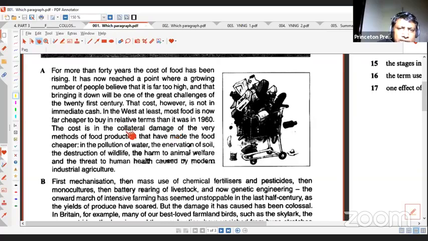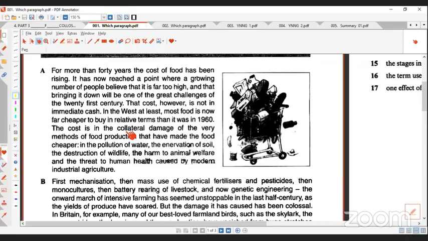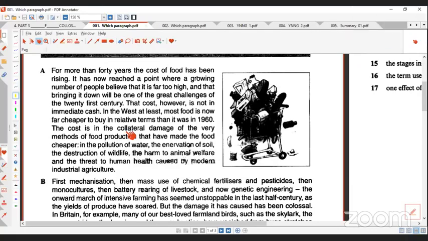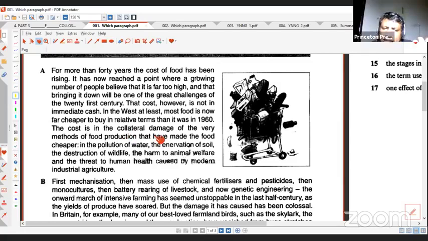What is collateral? Collateral means branch, in a bigger perspective. It's difficult to define exactly, but we understand the collateral damage of the very method of food production means the environmental and other costs that have made the food cheaper.